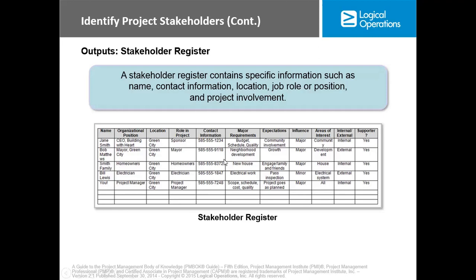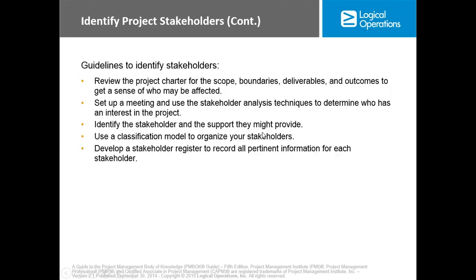Now, this is an example of a stakeholder register, and these are the contents of each. So each of the stakeholders is registered here. These are their organizational position, their location, the role in the project, the contact information, and so on and so forth. Okay, guidelines to identify stakeholders. Review the project charter for the scope, boundaries, deliverables, and outcome to get a sense of who may be affected.